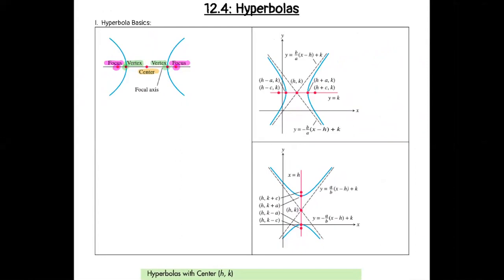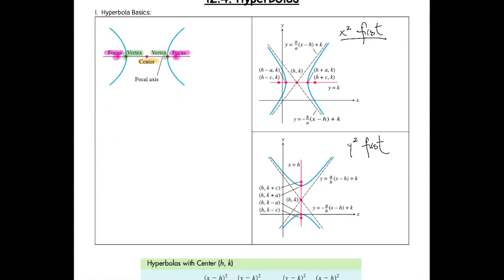Now, the top case, where it opens side to side, you're gonna know that it opens side to side when in your equation, you're gonna have the x squared comes first in the equation, okay? Now, after you complete the square, if your y squared comes first, that means you're gonna have a situation where your hyperbola branches open up and down instead, okay?